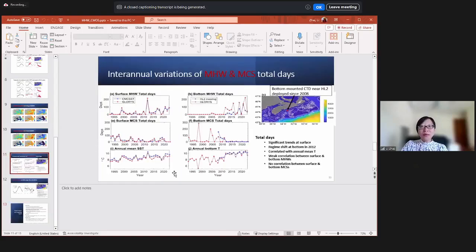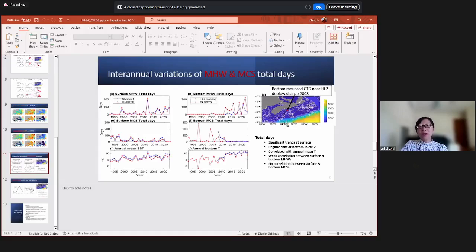Yes. So that's linked to the bottom temperature, right? There's a shift in bottom temperature, and we think it's because this location is affected by the slope water inflow from here. Probably around 2012, there was more warm slope water affecting the shelf, and then maybe the slope water remained warm after 2012.